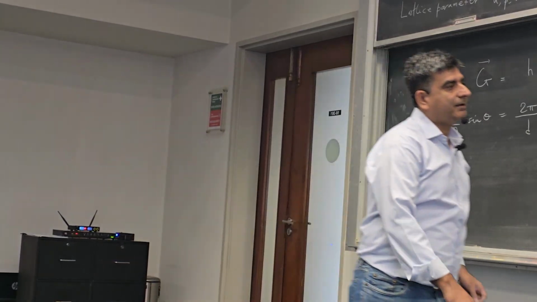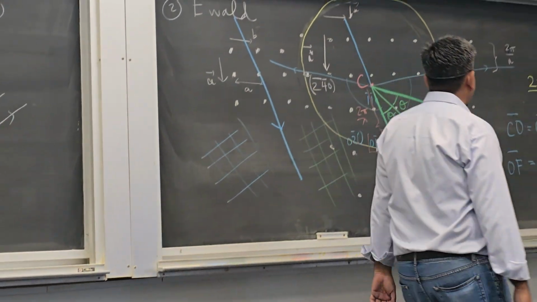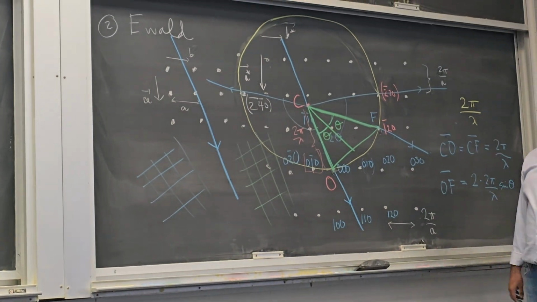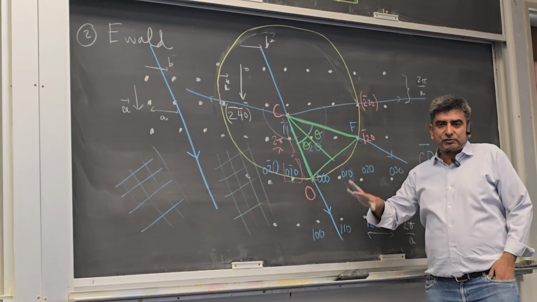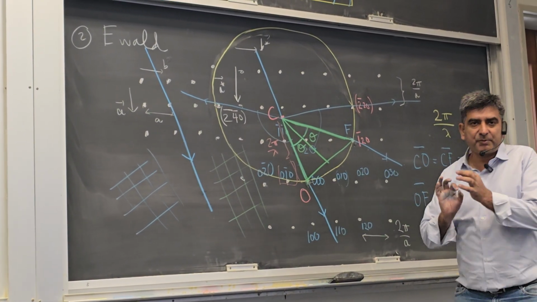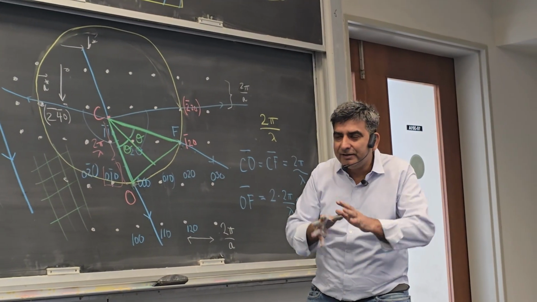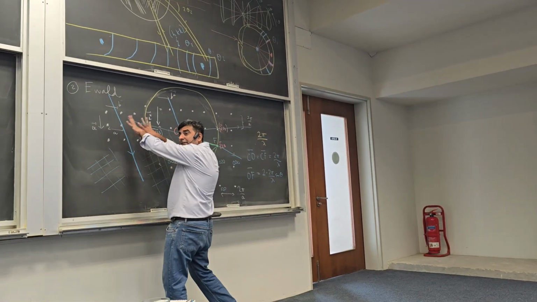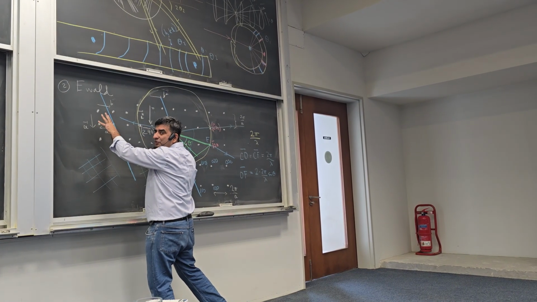First of all, first question. Now this corresponds to a particular geometry. It corresponds to a particular direction of X-rays and a particular orientation of the real crystal. The reciprocal lattice orientation follows from it.